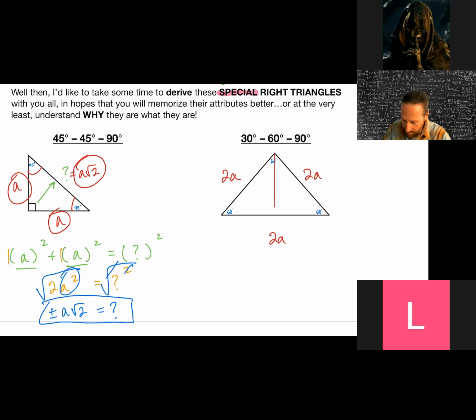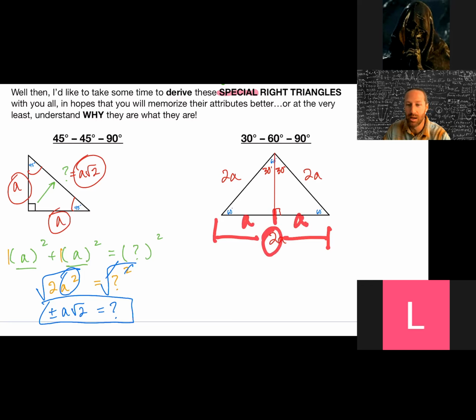So by drawing this perpendicular here, that is going to split this into 2 equal parts, which means since these are both 30, it's going to cut this whole length we called 2A into a length of A and A.